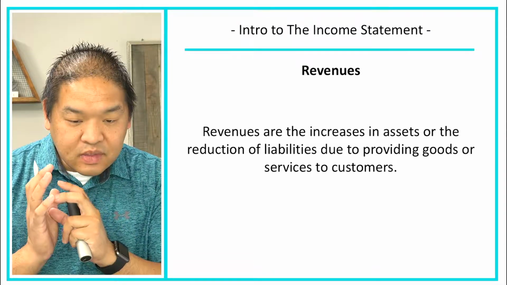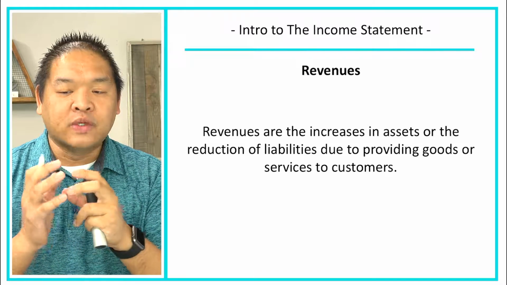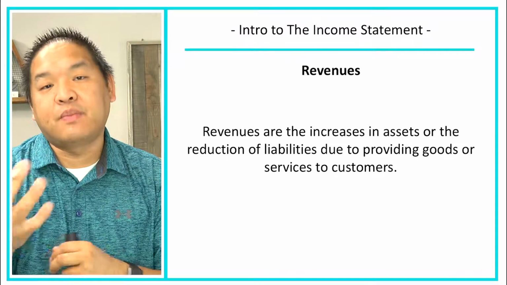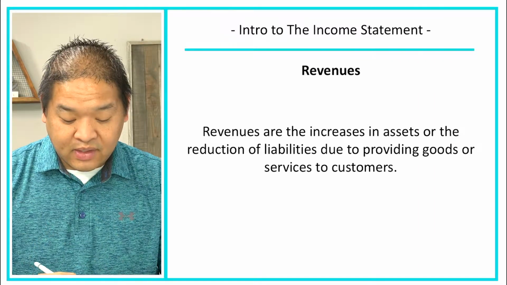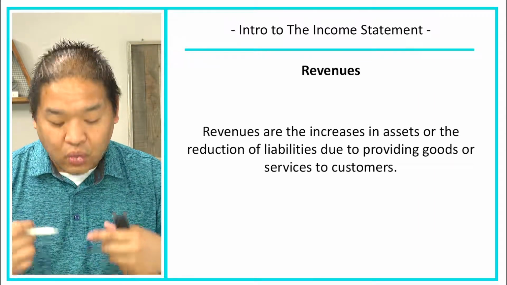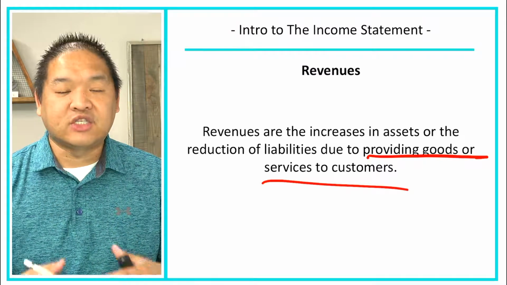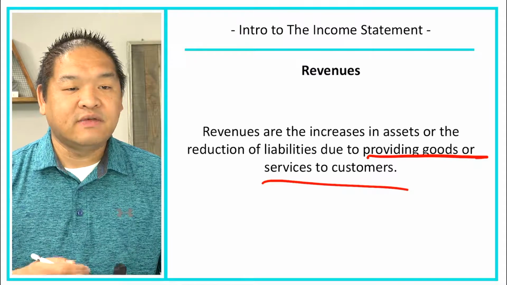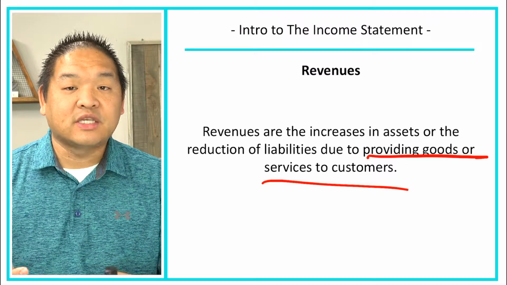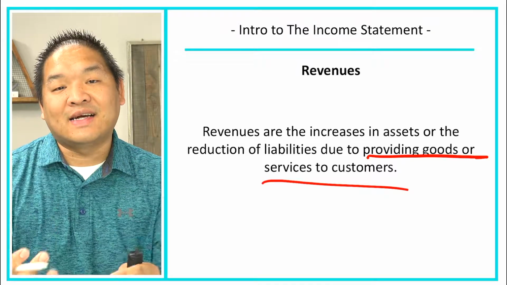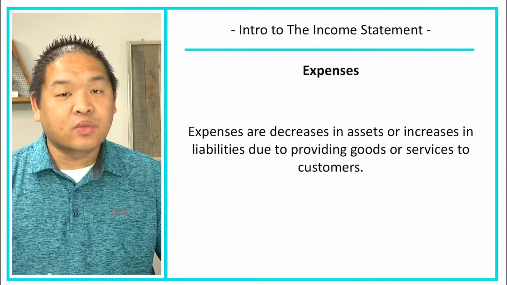Maybe we've already gotten the cash, but we are reducing what we owe to a customer because they prepaid us. That's the key there. We're not just receiving cash as a donation, and we're not receiving cash because we sold stock, because that's not providing a good or service to the customer. Our stockholders are not customers. They are shareholders, okay?